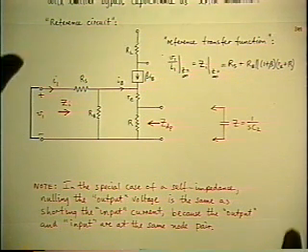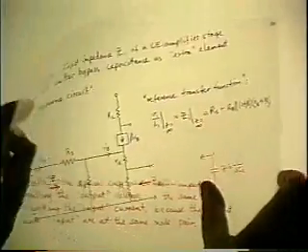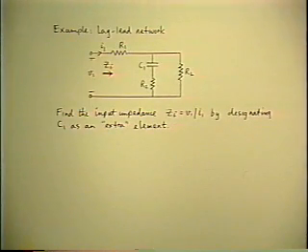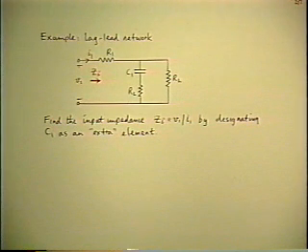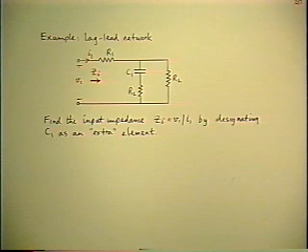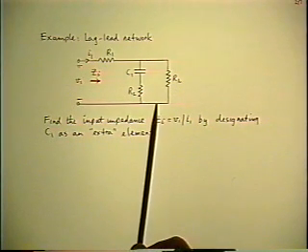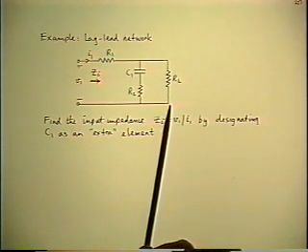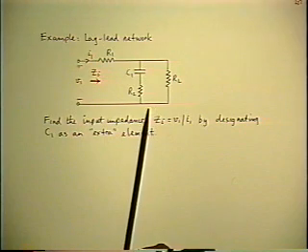Okay, let's practice that for a moment. The lag lead network again. Of course, we can use the extra element theorem to work out any function we like by designating one element as extra, throwing it away, using the theorem to put it back in.